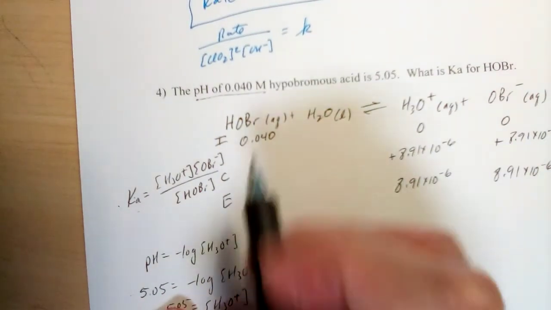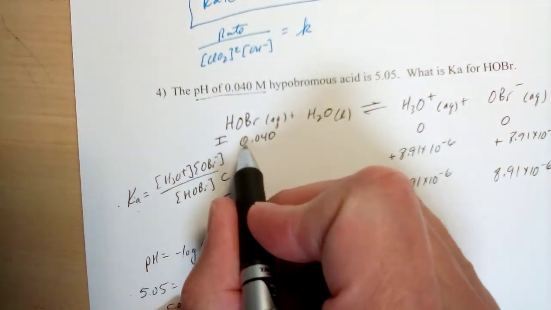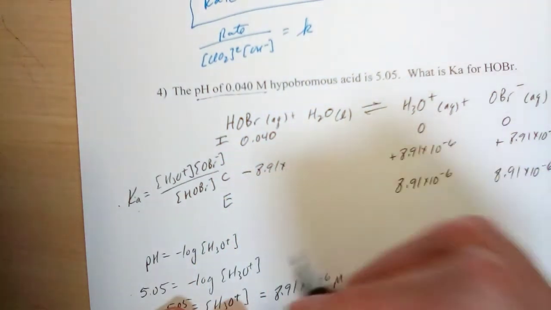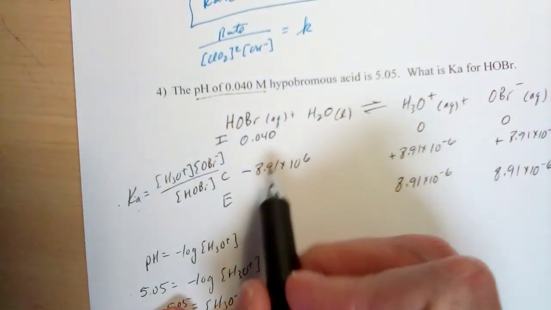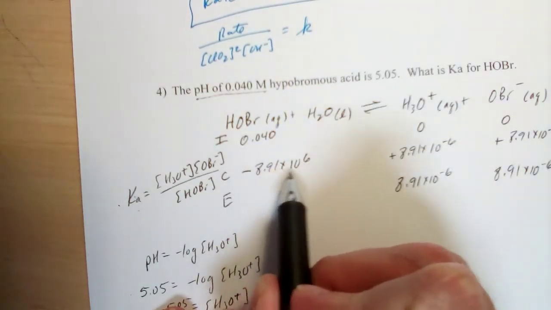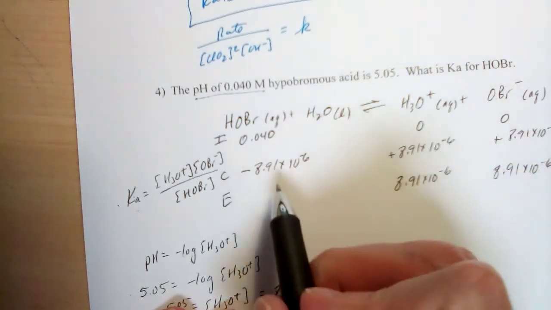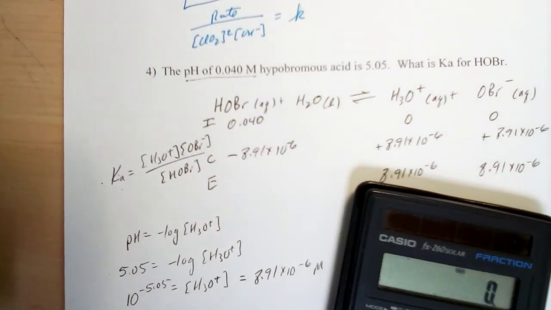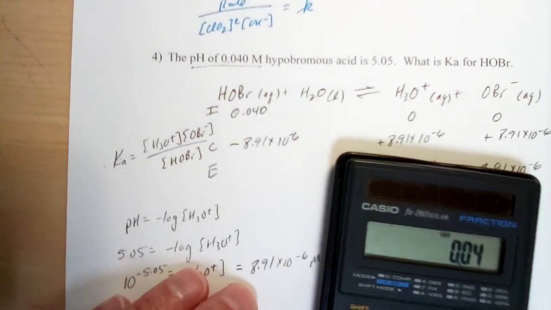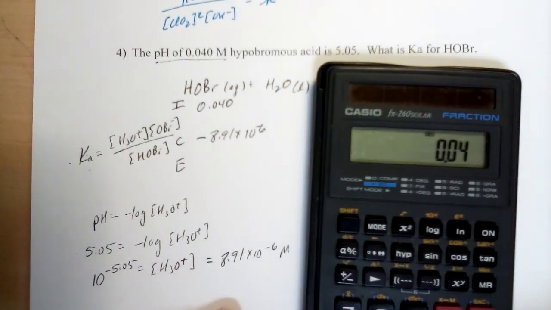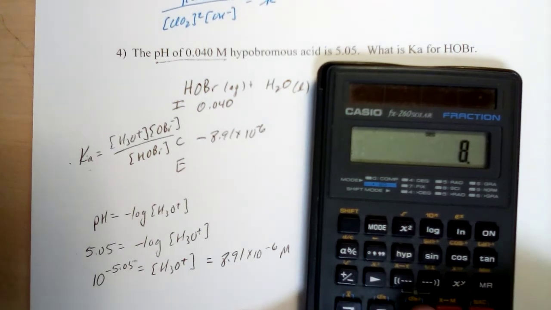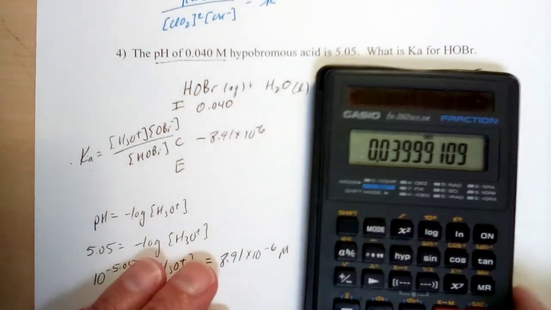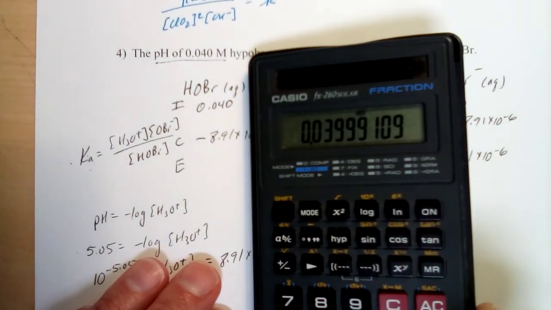Now, back here, the change in how much weak acid reacted would be the same, but in the opposite direction because it's going down, it's lowered. In this case, you might notice that's a really small number, 10 to the minus 6th, compared to 0.04. And that's a small number too, but there's several orders of magnitude difference here. So if I take 0.04 and I subtract 8.91 times 10 to the minus 6th, what do I get? 0.03999.